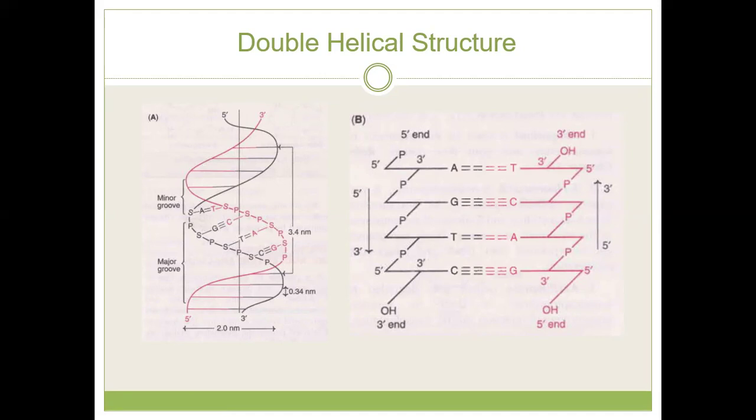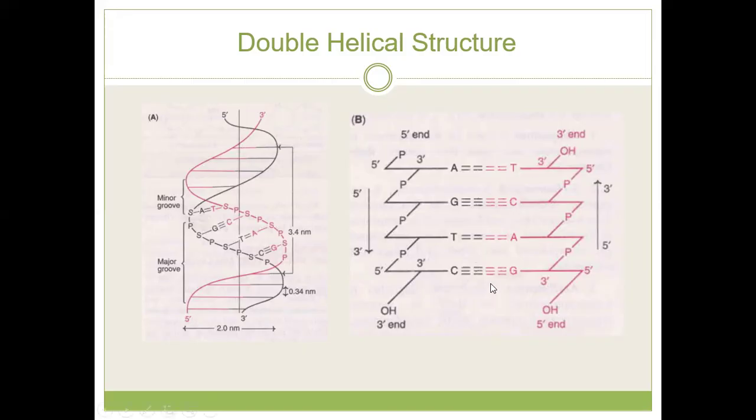Now, another thing we also need to explain is the fact that the DNA is double stranded, but the double strand does not exist in linear form like in this B, as we just explained. They are not just like this, like this. Rather, they are in the form of a helical structure. They are twisted.